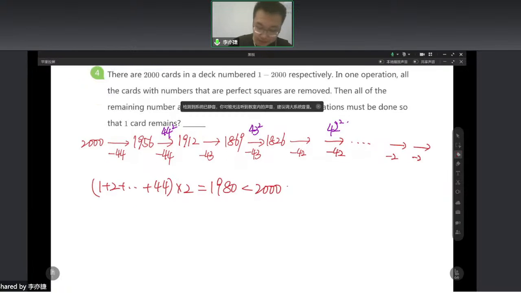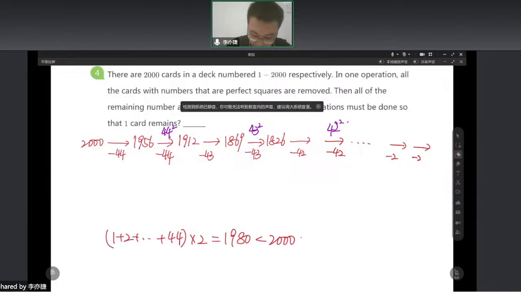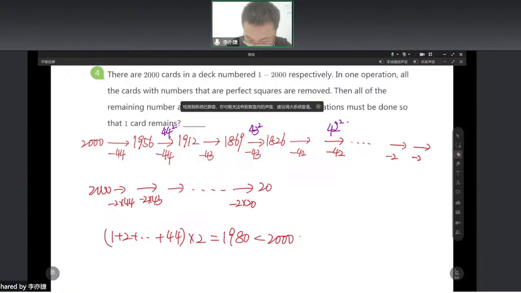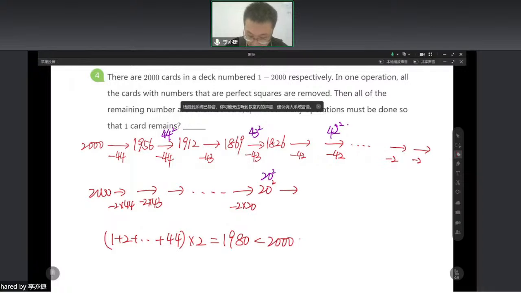So this process will keep going into the square. So actually it will reach 20 squared. And for this 20 squared, because it's just on the line of a square number, we should then minus an additional 20.